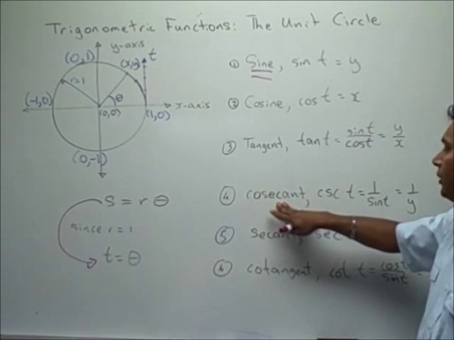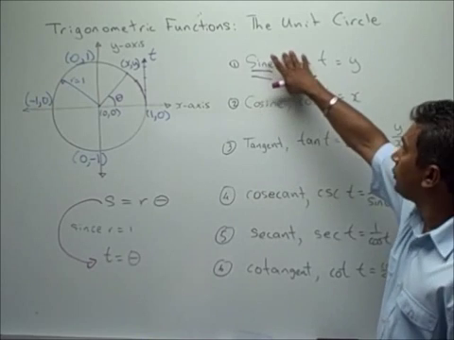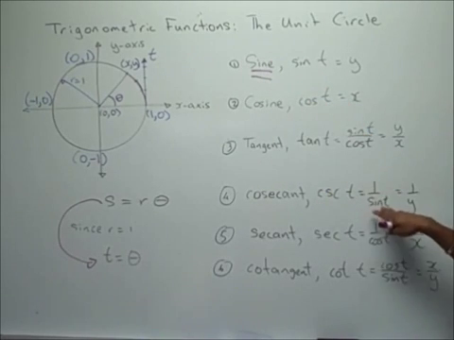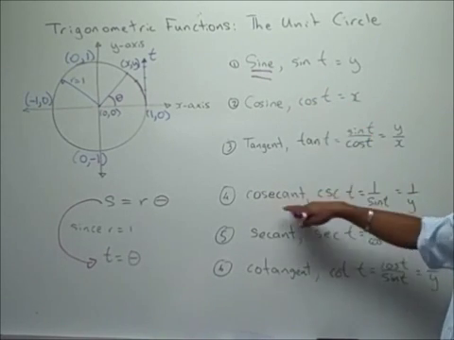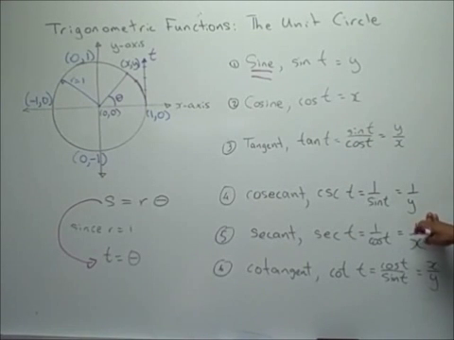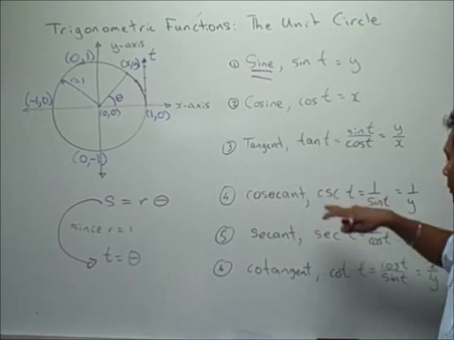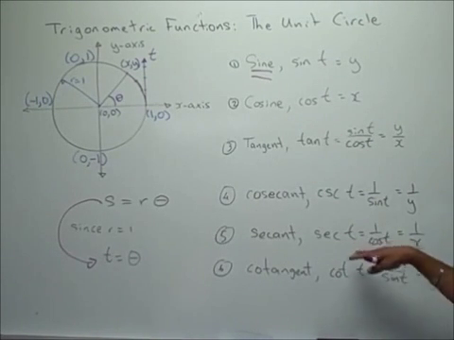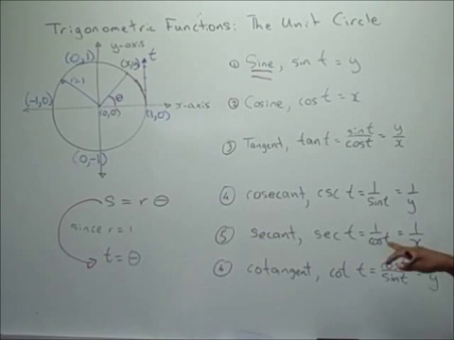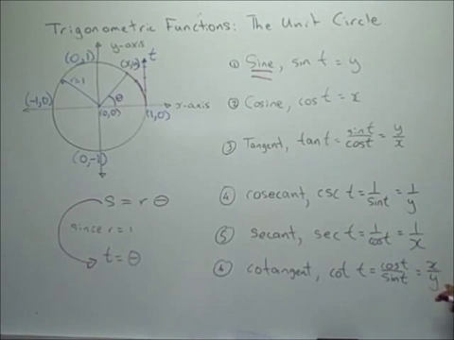So cosecant, or csc, of t is the inverse of sine, so it's 1 over sine t, or simply 1 over y. Similarly, the secant is the inverse of cosine, and since cosine is x, this is 1 over x. Cotangent is the inverse of tan, which is x over y.